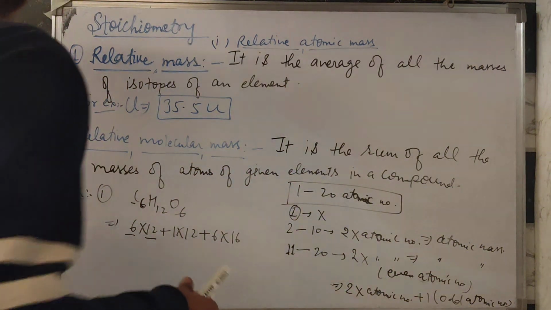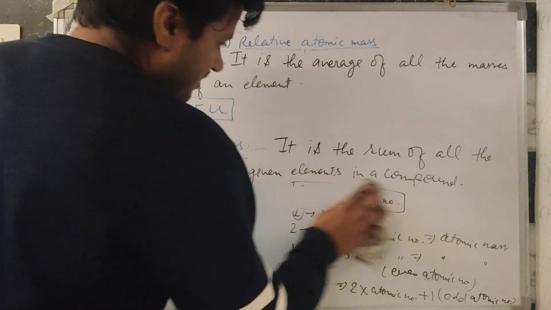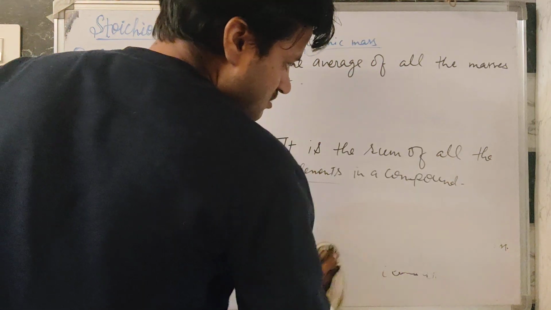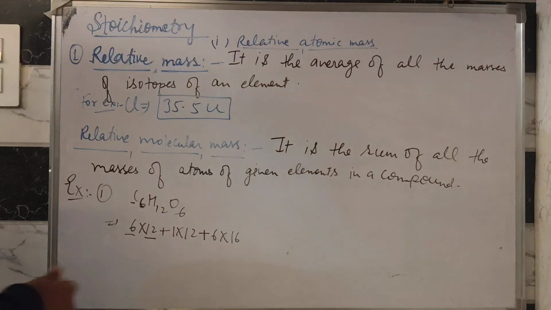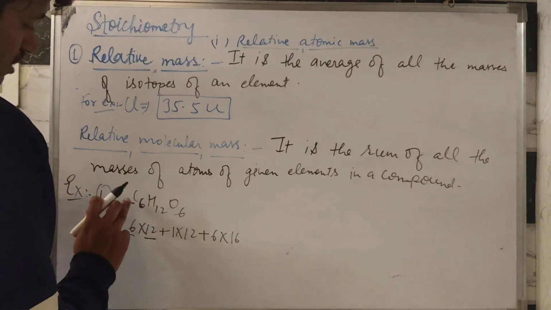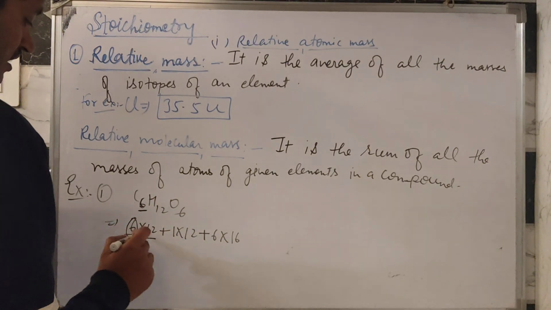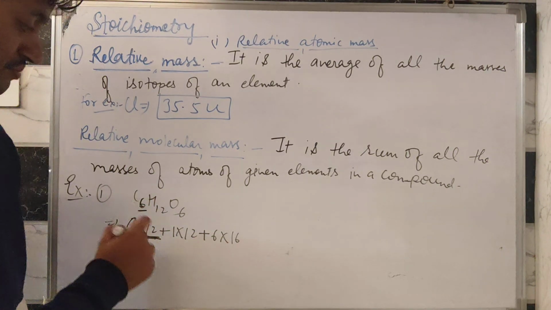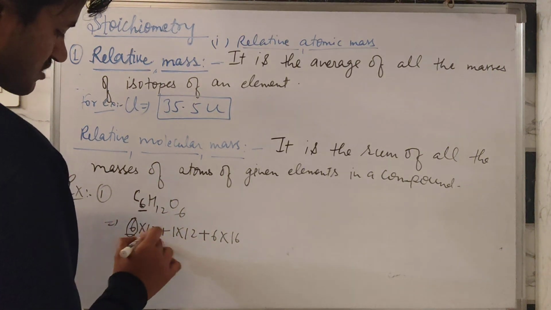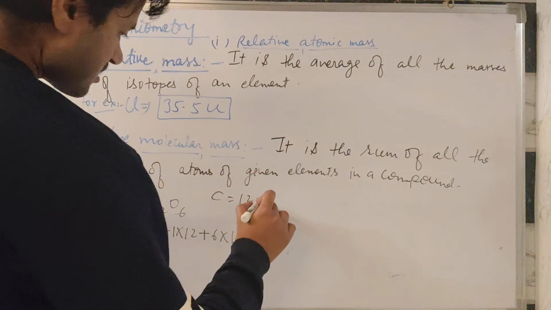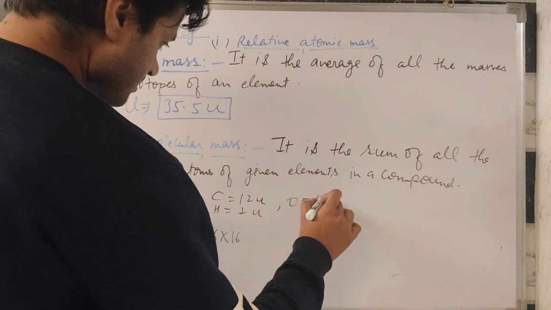So now the fundamental is just this. To find the molecular mass, multiply the number of each atom by the actual mass of that element. Carbon has 12 unit mass, hydrogen has 1 unit mass, and oxygen has 16 unit mass.